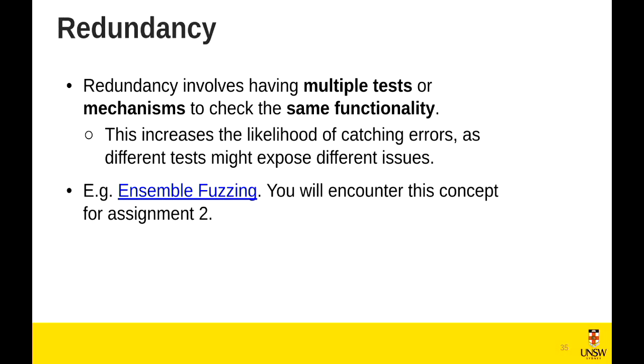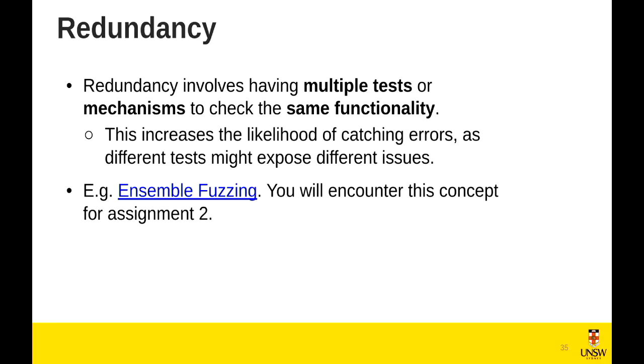And let's come to the second principle, redundancy. Redundancy is related to having multiple tests or mechanisms to check the same functionality. So this increases the likelihood of catching errors because we know that testing is sound but not complete. And different testing techniques could have their own advantages and disadvantages.